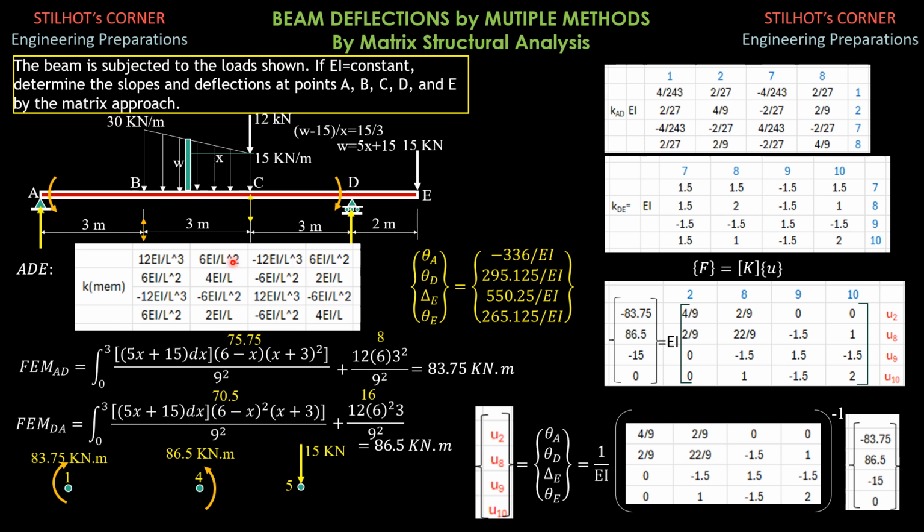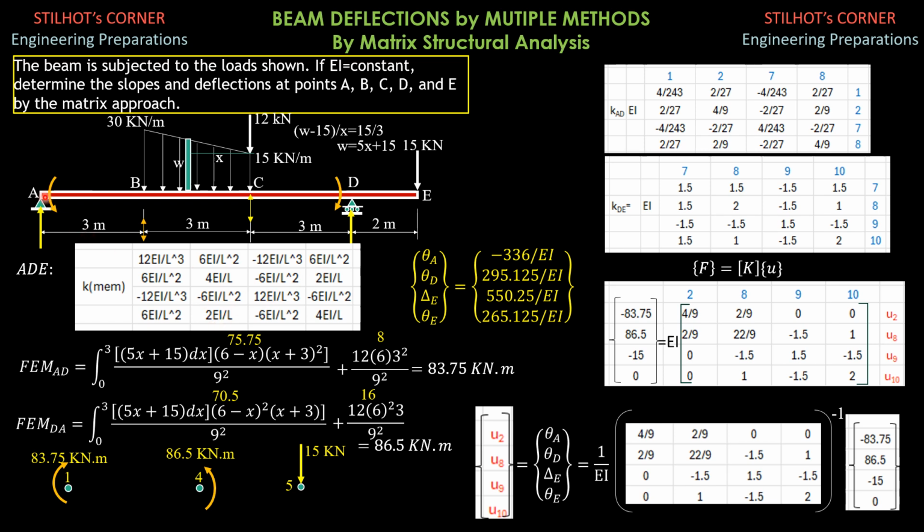And the last row, we just copy the second row except that we interchange the second and the fourth cell values. So 4 EI over L now is here and 2 EI over L is here. So that will be the guide.